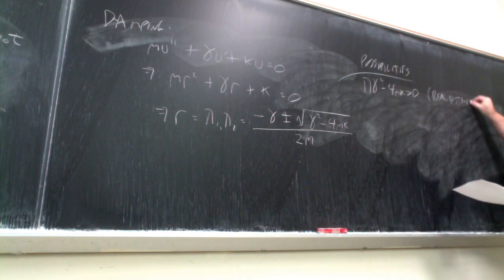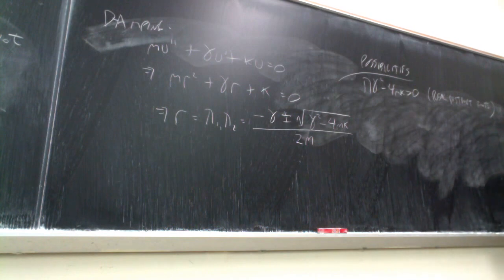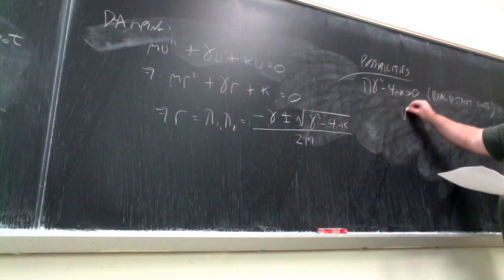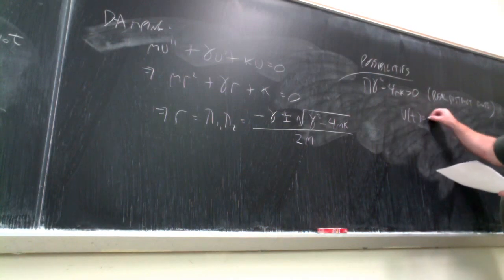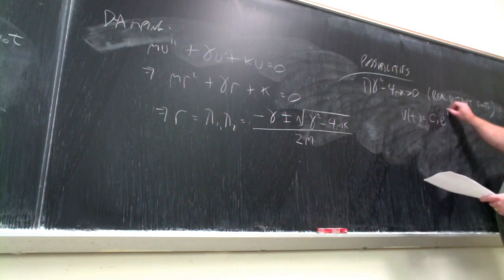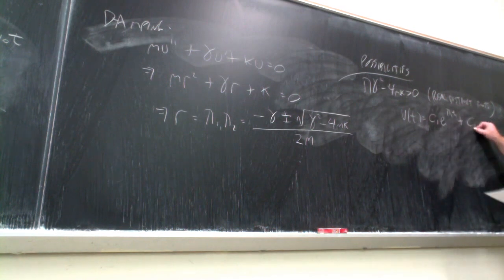So this is a case where it's strictly positive. Well, you know what form a solution has in that case. So we have your solution is some constant c1 e to the lambda 1 t plus some constant c2 e to the lambda 2 t.